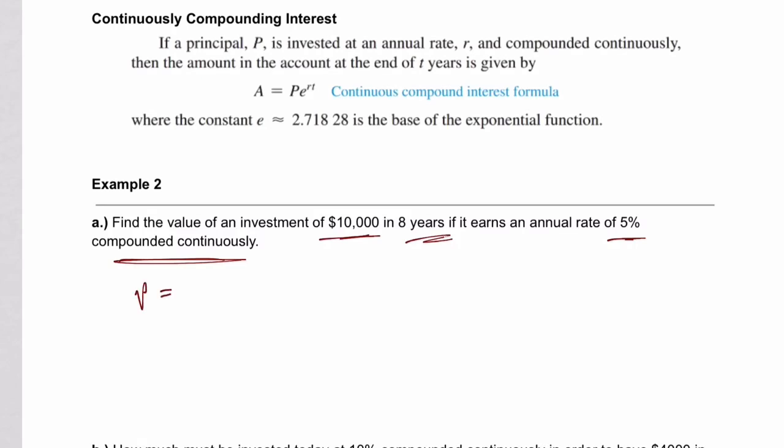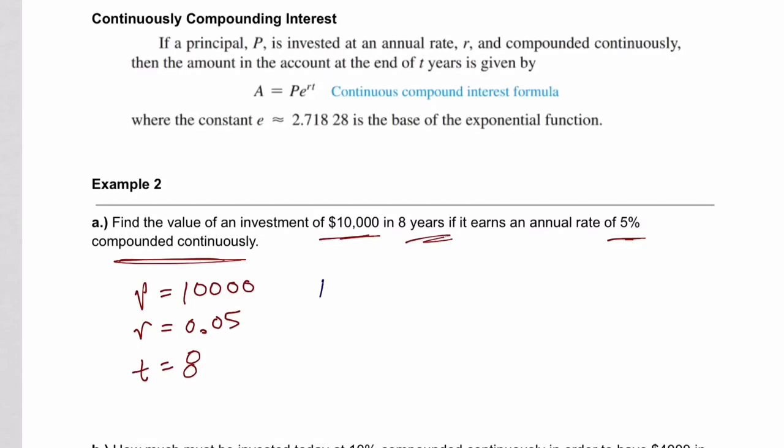So P equals 10,000. R is 0.05, the annual interest rate expressed as a decimal, and time is 8, time expressed in years.